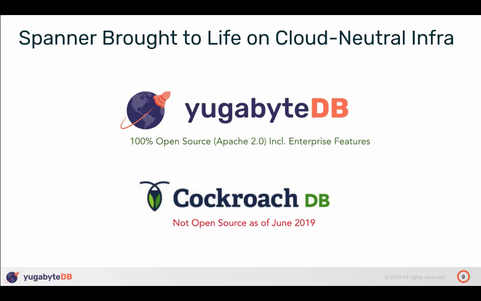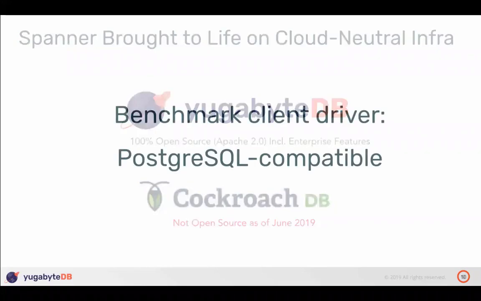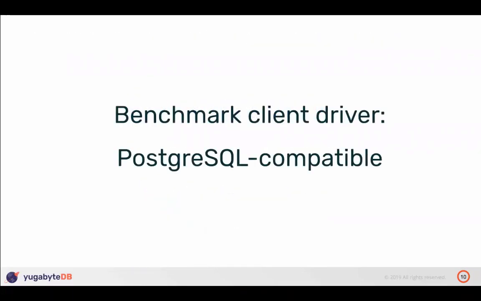So running production workloads with the database, you'd have to really look at the license and see if that works for you. Anyways, that aside, the topic is not licenses. So let's jump right into the topic. It's about benchmarking. The benchmark client driver is a Postgres SQL compatible client, so it speaks Postgres.